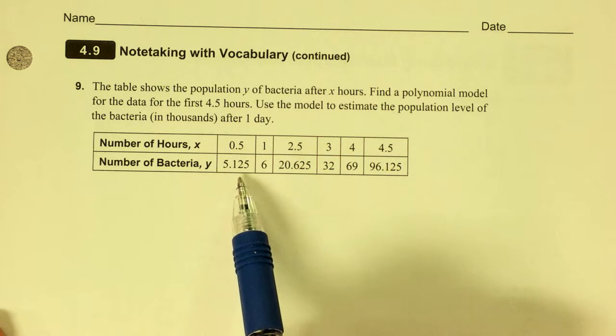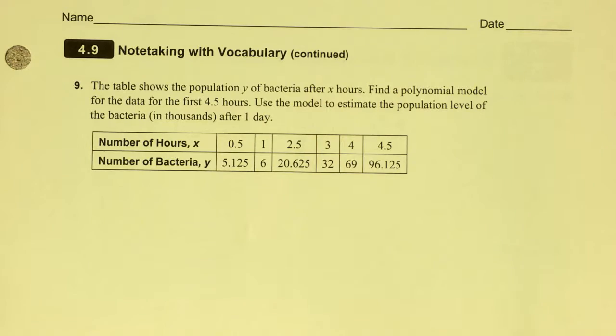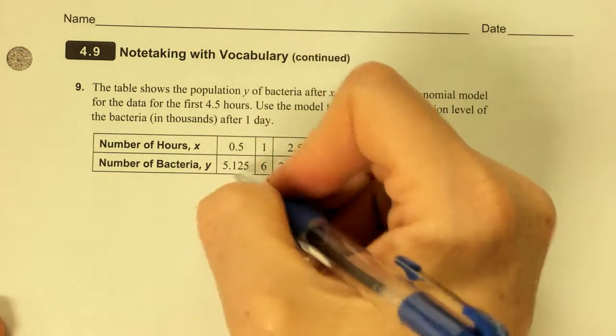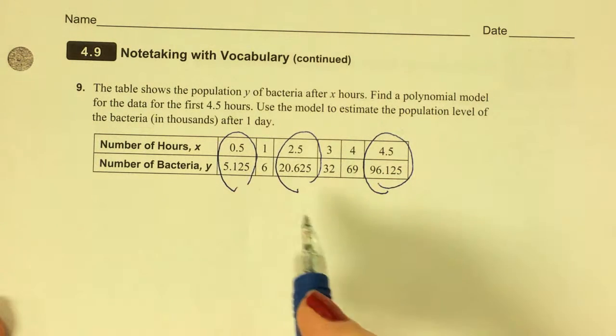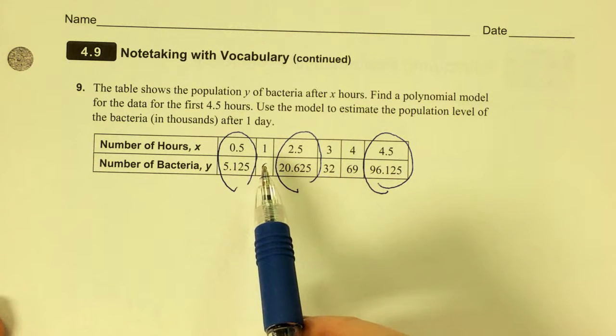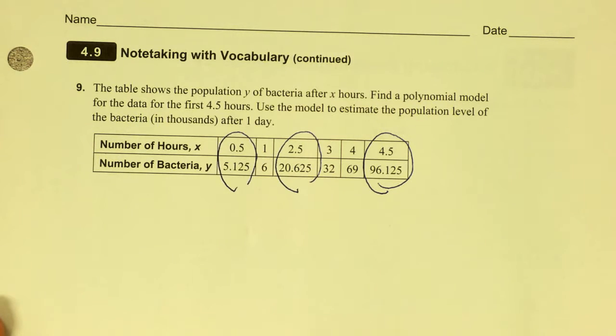You have to have at least 3 to create a polynomial. Yep. These are the only points I'm going to be able to use because they are evenly spaced. So to figure out whether it's quadratic, linear, etc., I'm going to work with those.